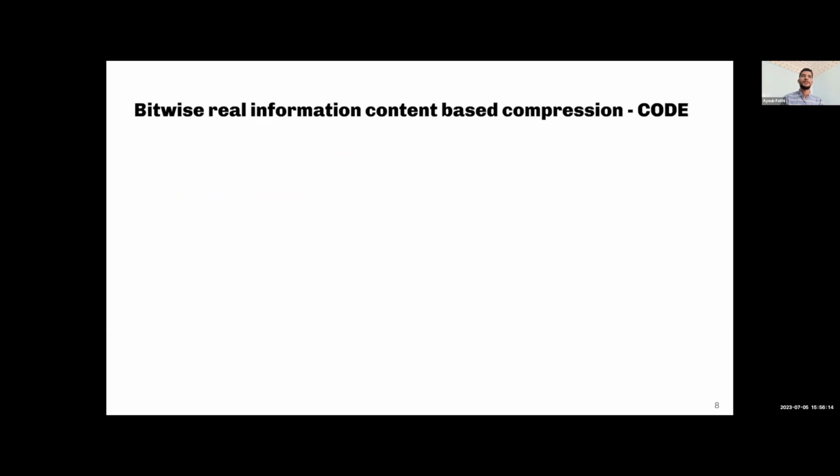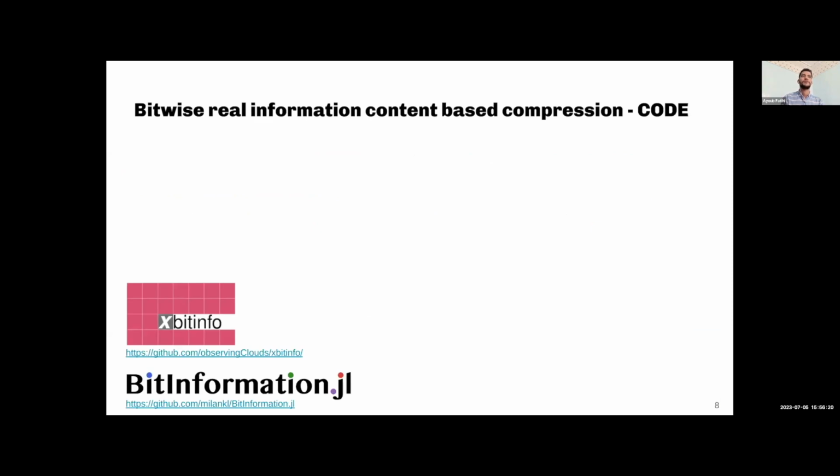To illustrate this further, I will share an example with code. So for this, we will be using xbitinfo, which is an Xarray wrapper around the BitInformation.jl package, to retrieve and apply bit rounding from within Python. The package intends to present an easy pipeline to compress datasets based on the real information content.